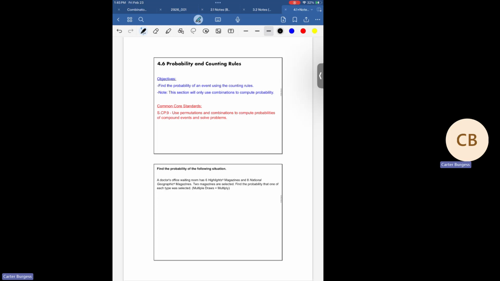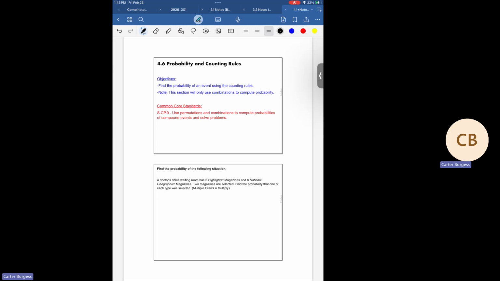We're going to use them to actually figure out the likelihood of certain events. For the denominators, we are looking for the number of total possible outcomes. And then the numerators, number of ways that we can get success, which often can come from the fundamental counting principle that we did with the multiplication.